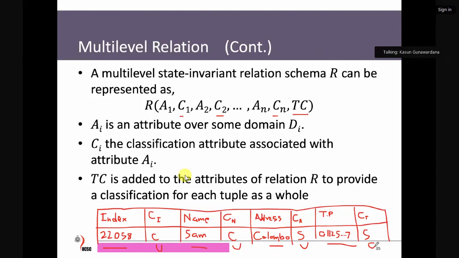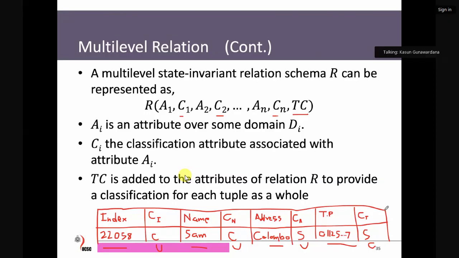So likewise, each data item that you are storing in this relation will have its own classification level. So this defines the state invariant relation schema, with all these attributes and their corresponding classification levels as C1, C2, C3, and Cn.